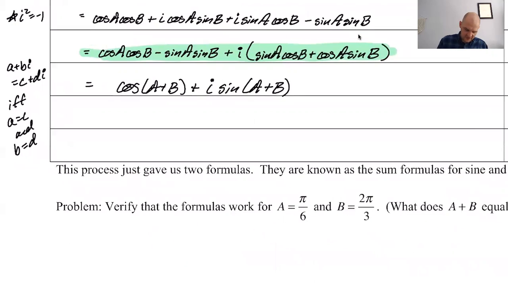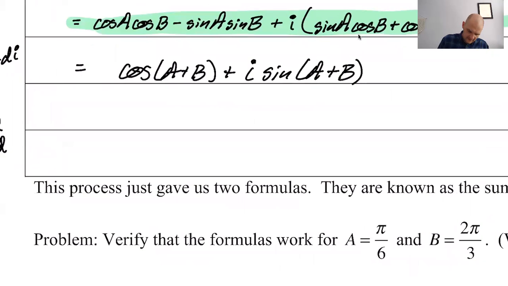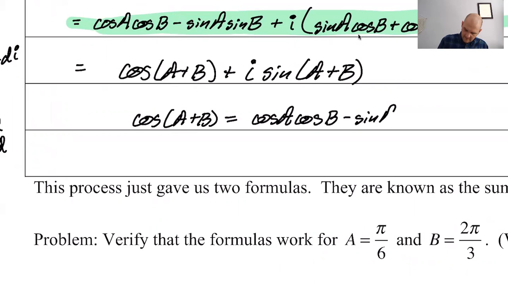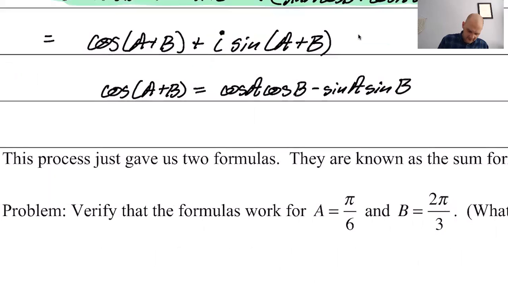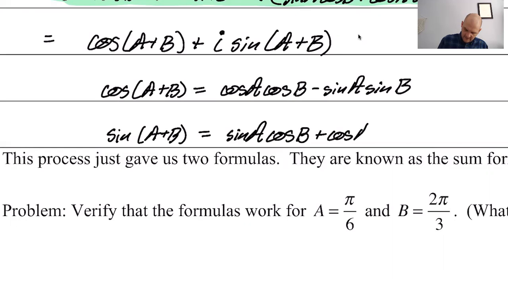So that must mean that the cosine of A plus B, the part that doesn't have an i, must be equal to cosine A cosine B minus sine A sine B. And then also the parts with i should be equal. So the sine of A plus B should equal sine A cosine B plus cosine A sine B.